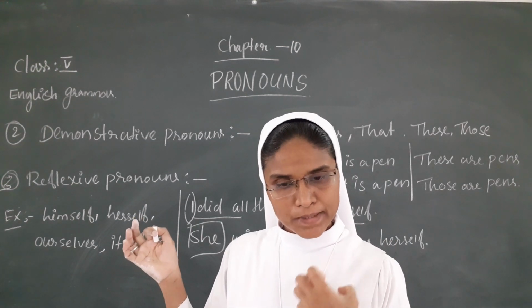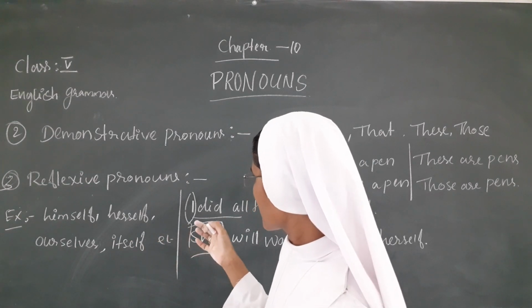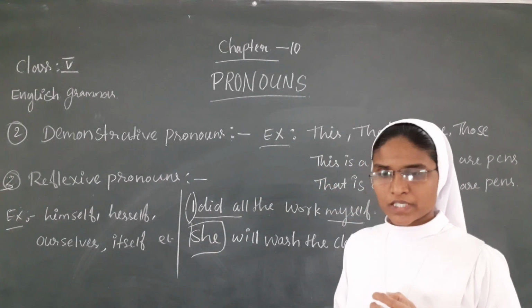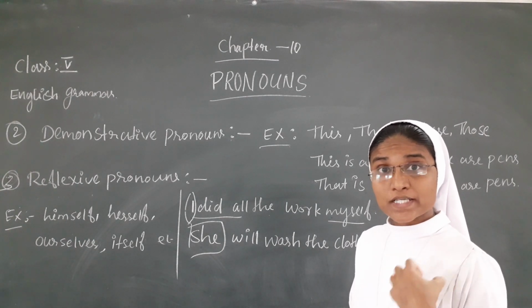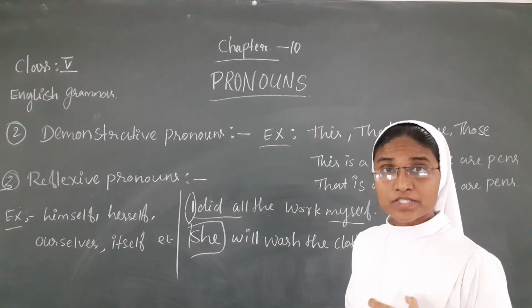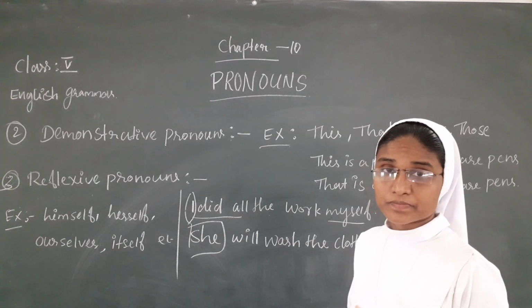These are called the reflexive pronouns. Okay, did you understand the reflexive pronouns and demonstrative pronouns? Reflexive pronouns means doing all the things to herself, himself, themselves, yourselves, ourselves. Okay, these are the reflexive pronouns.